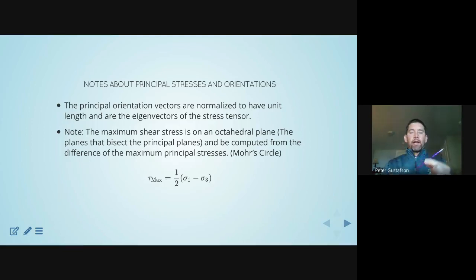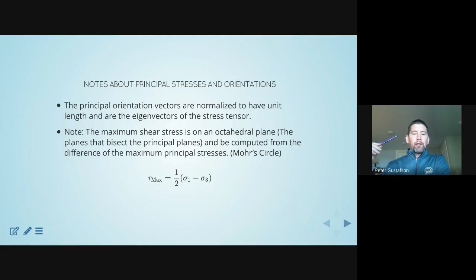Now, it's not quite as clean as that in the three-dimensional world. What we find is that the maximum shear stress, the maximum magnitude of the shear stress, is going to be 1/2 (sigma 1 minus sigma 3), and it's going to be on these planes.